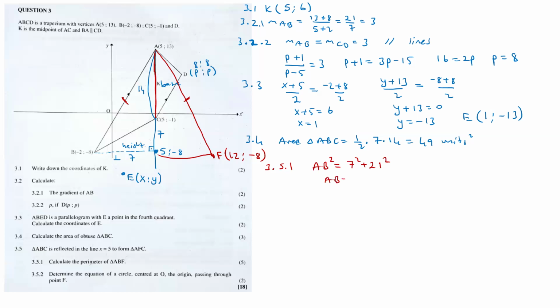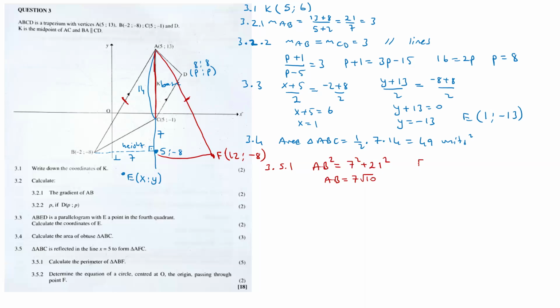From this, AB is equal to 7 squared plus 21 squared, which is 7 root 10.